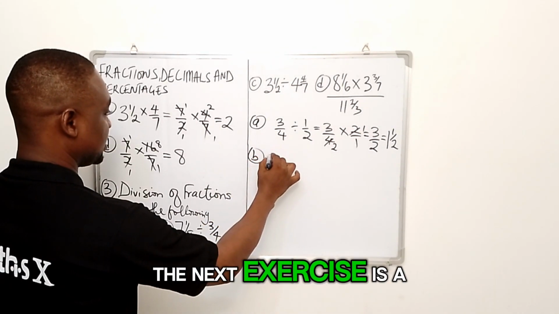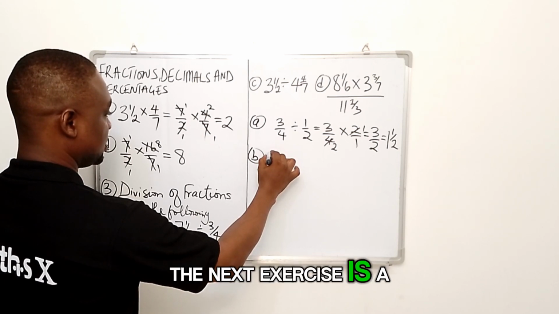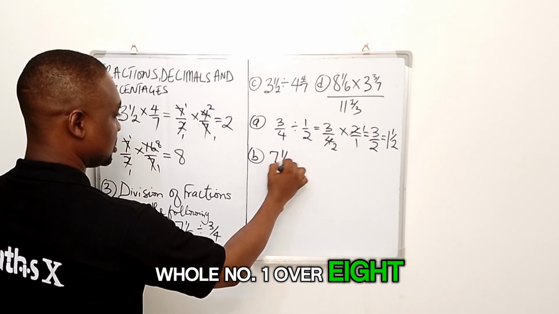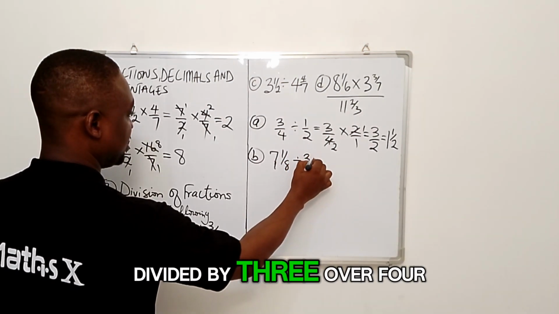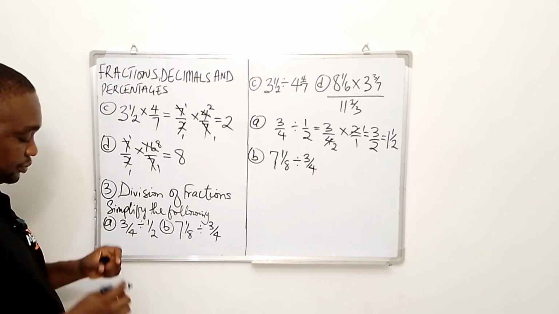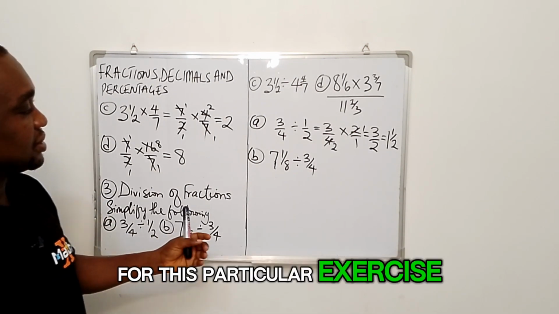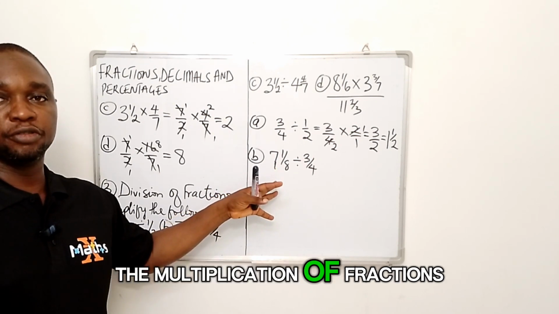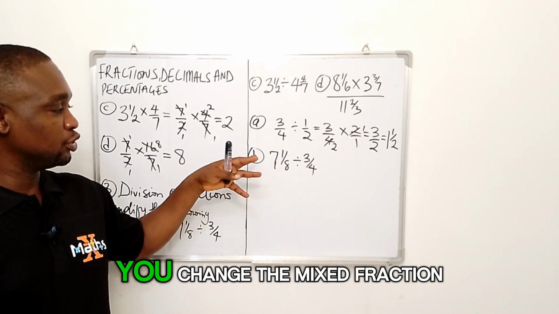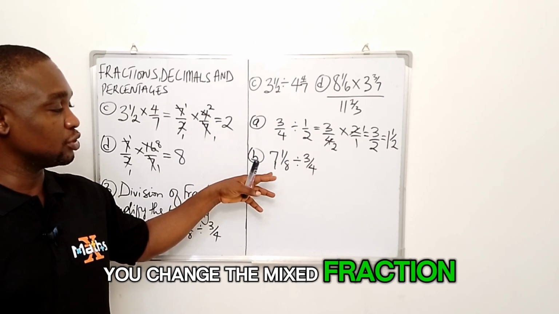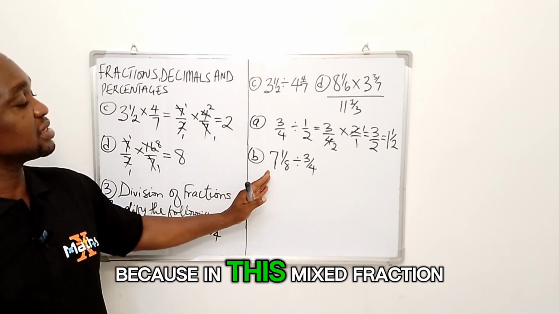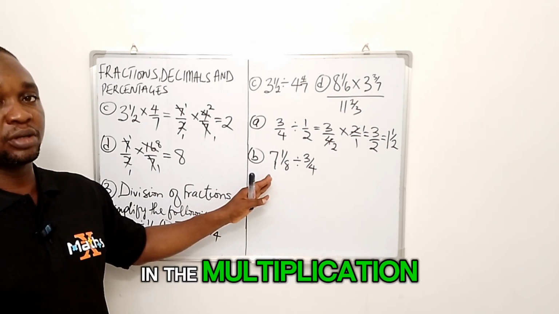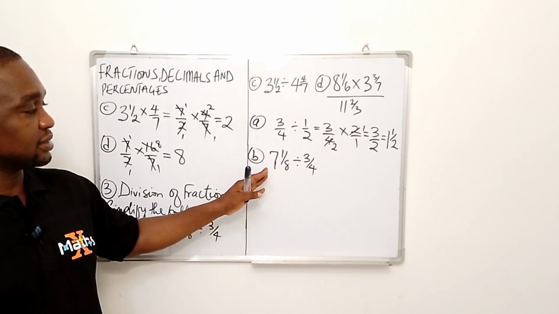The next exercise is a mixed fraction, 7 whole number 1 over 8 divided by 3 over 4. For this particular exercise, just like we did for the multiplication of fractions, you change the mixed fraction to improper, because in this mixed fraction state, you cannot divide it, just like it didn't happen in the multiplication exercise.